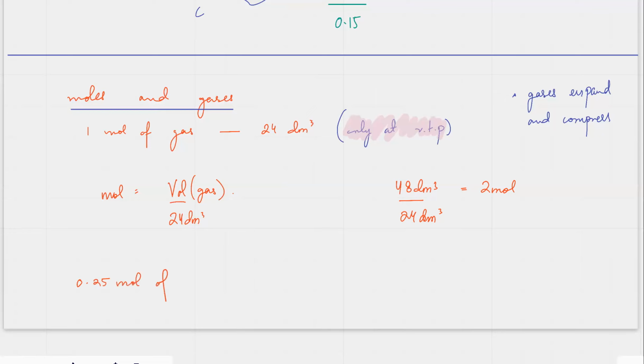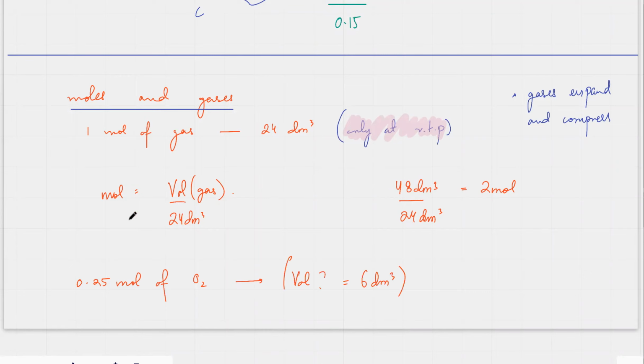So what if I have 0.25 moles of oxygen gas? What volume would it occupy? Can you work out 0.25 moles? How much is it coming to? 6 decimeter cube. So that comes out to be 6 decimeter cube.